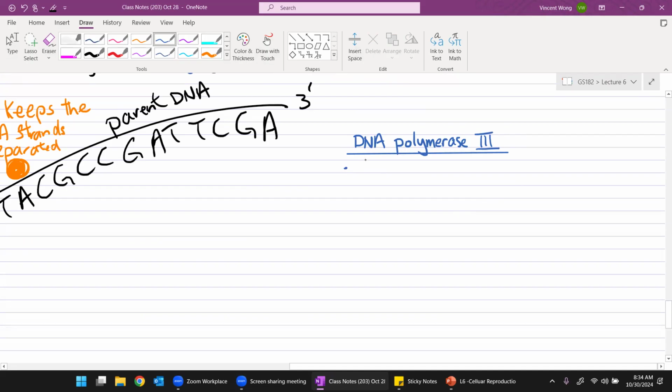This enzyme is the main enzyme that's responsible for building the new DNA strand.